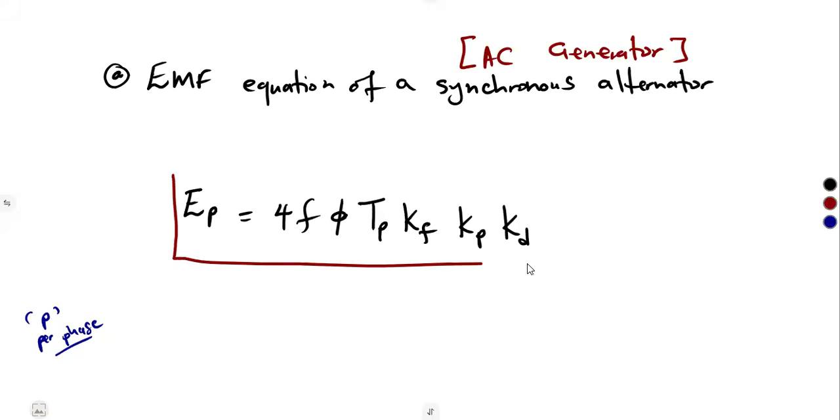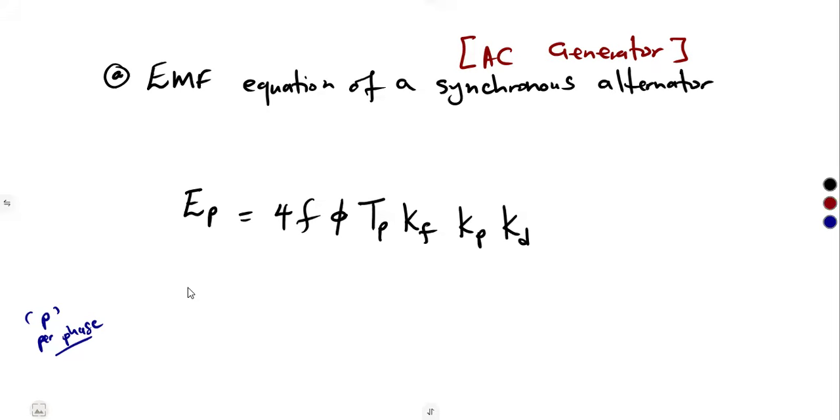All right. So I'm going to explain what we have in our formula. We are calculating the induced EMF per phase, which is our EP, induced EMF. That is the EMF equation. Take note, you are dealing with connections which are in star, in delta, three phase.